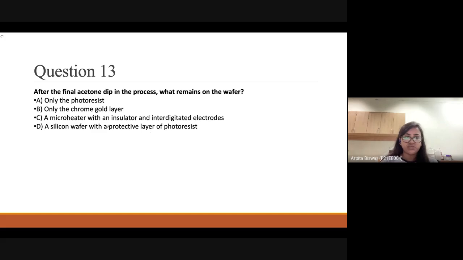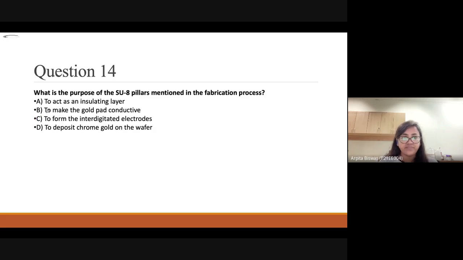So the right option is option C, a micro heater with an insulator and interdigited electrode. Okay. So next move toward the question number 14.